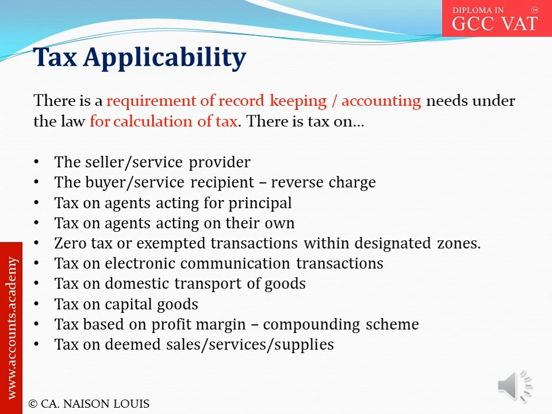So in these all scenarios, you can see the calculation of tax.